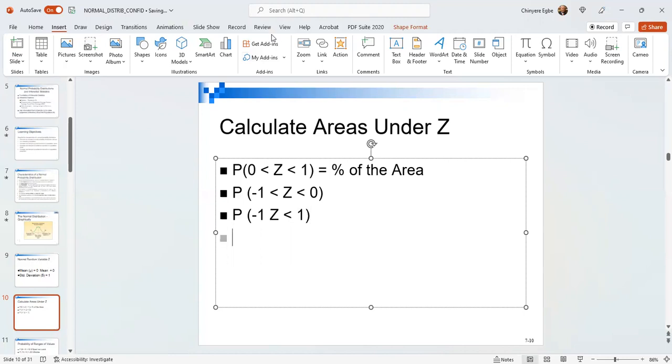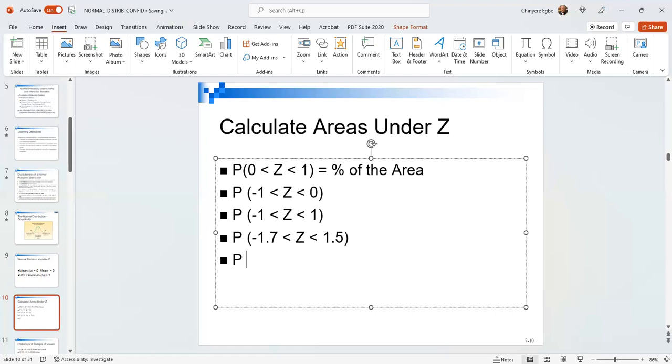Okay, and so we're going to ask a number of questions. What percentage of the area of the curve is between -1.7 and 1.5?